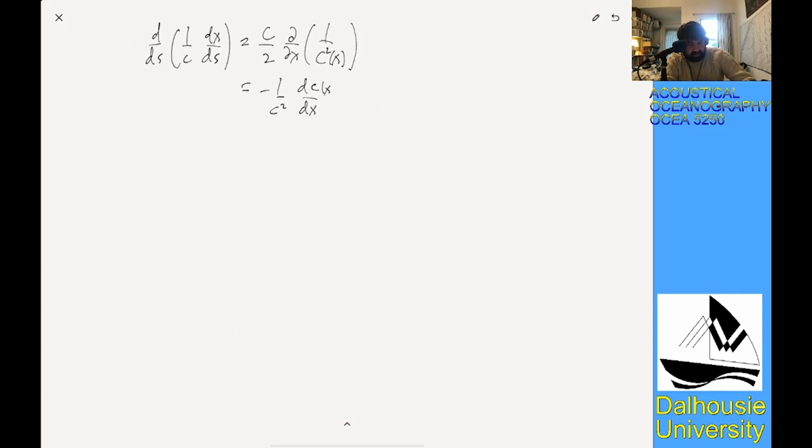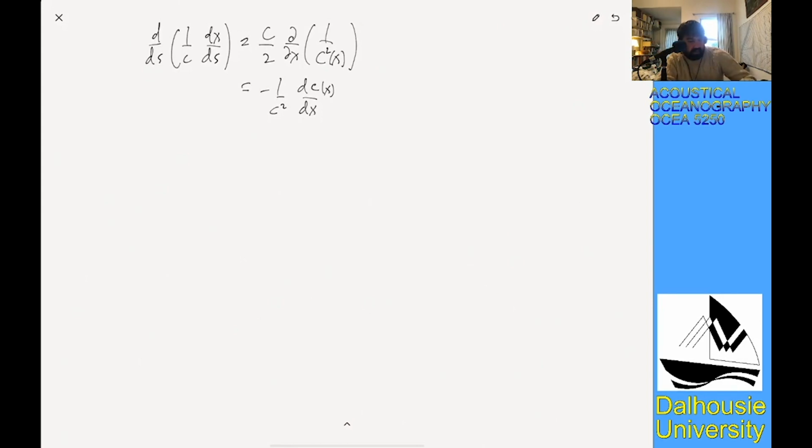And so we end up with d/ds of 1 over c dx/ds is equal to c over 2 d/dx of 1 over c squared. Further simplify that: 1 over c squared dc/dx.